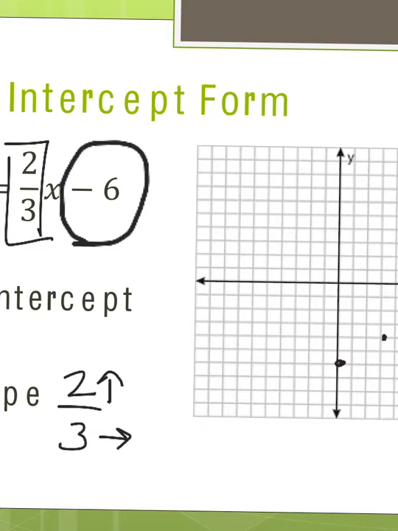So we know there's 0, -6, and another easy number is 3, -4, and 6, -2, etc. And so the graph of this line, y equals 2/3 x minus 6, we can graph it with the table of values or just graph it with the information from the equation.